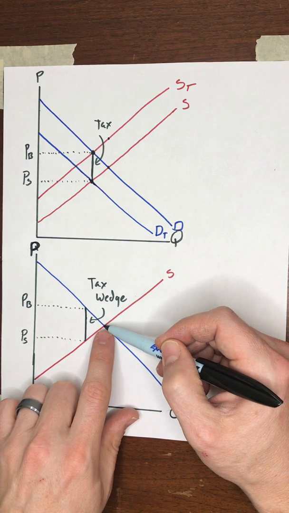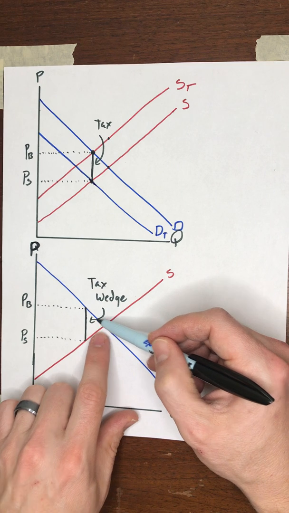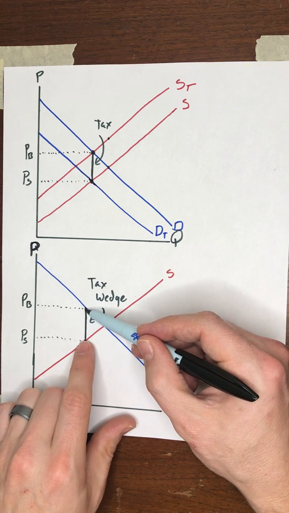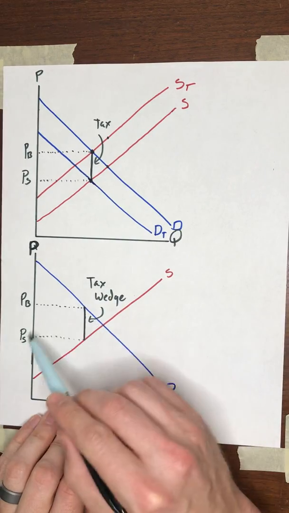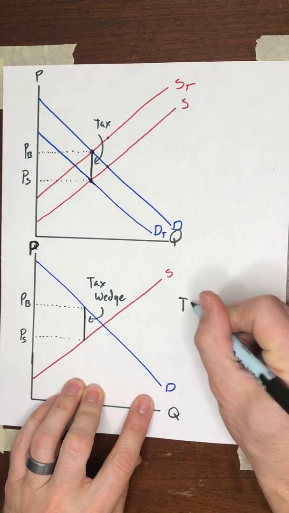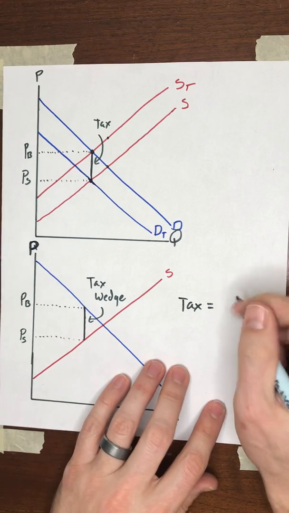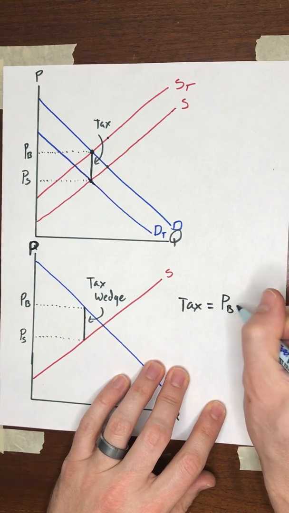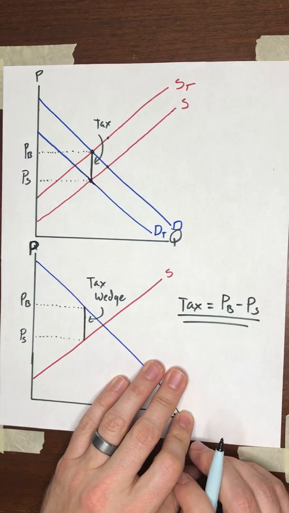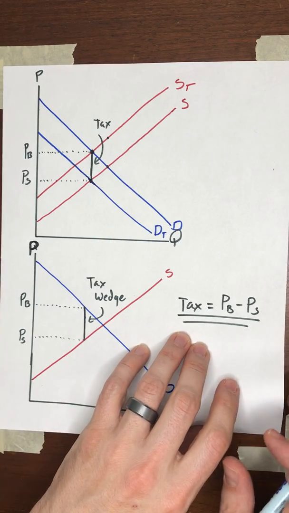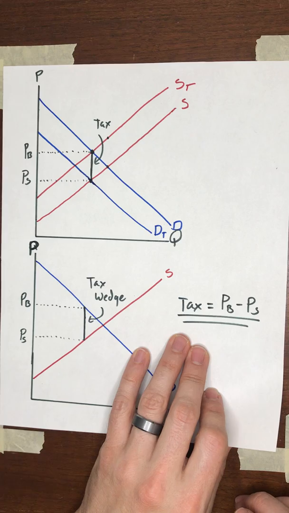In equilibrium, that price is the same for both the buyer and the seller. With a tax, there's a wedge between the prices that they have to pay. And note also that on this graph, the tax is always going to be equal to the price that the buyers pay minus the price that the sellers receive. That will come in handy as we think about a few other things a couple pages from now.